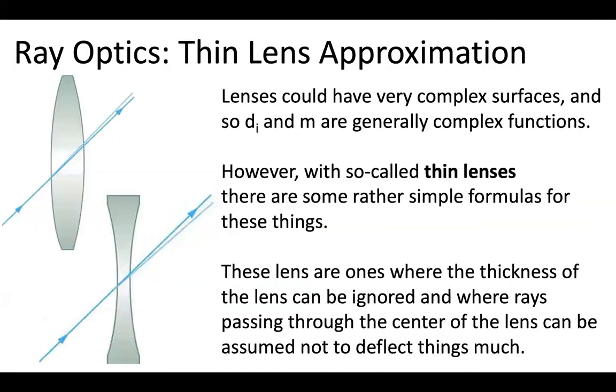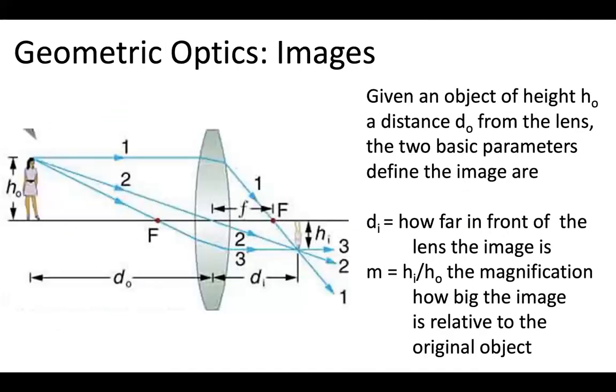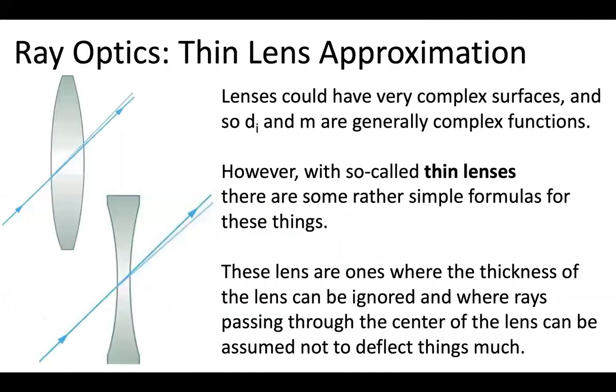And the question is, how do we figure these out? Now, again, this is something that could be an arbitrarily complex question because, indeed, if you really want to build a proper lens, you can make it really complicated because you want it to see particular objects at particular distances really well.